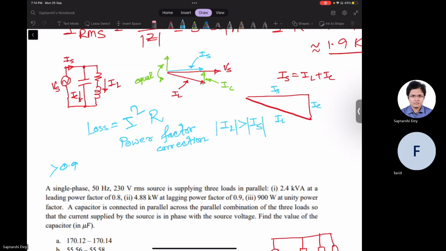That's why the power distribution companies, say for example, in Maharashtra we have the Mahadiscom, and in Bengal it is WBSEDCL, the Distribution Company Limited.